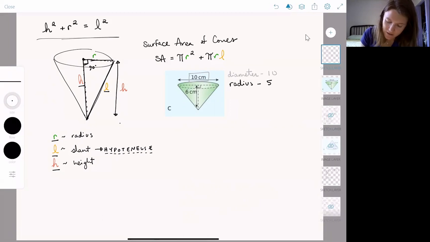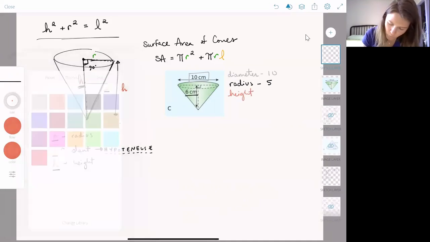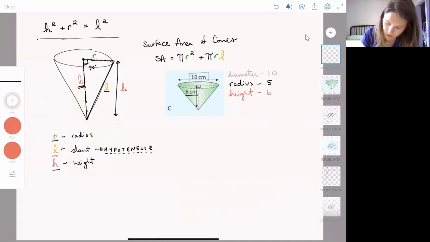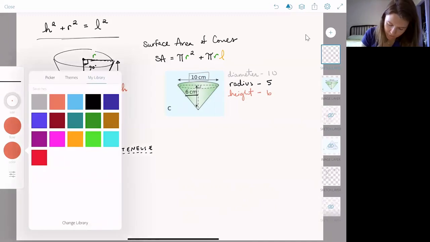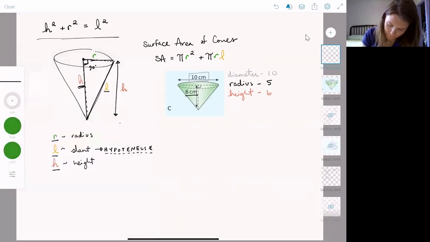Next, I have this value 6. That is the same thing as my height here. I don't really want my height. What I really want is my L for my slant, but I don't know what that is, okay?